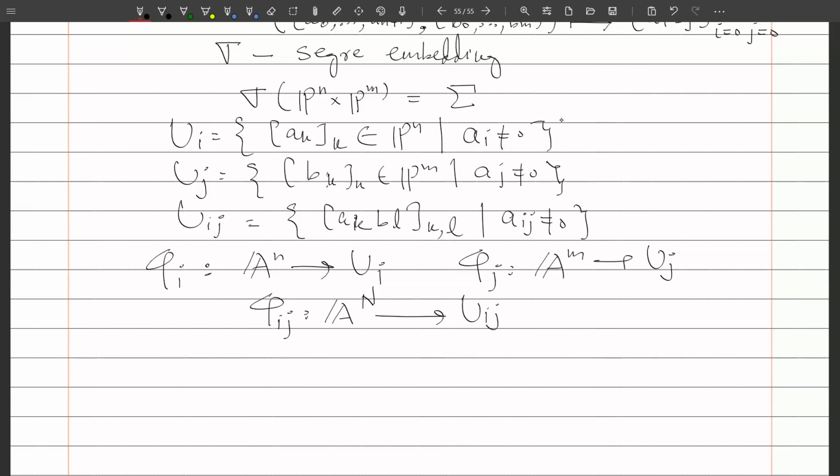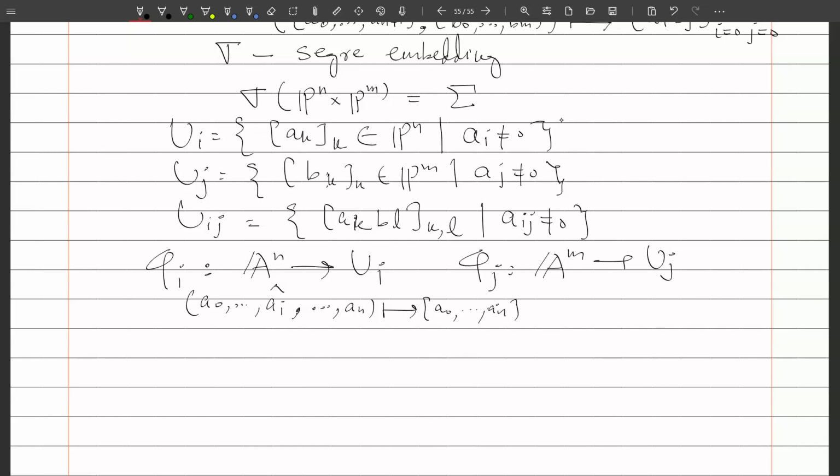So these maps are defined like this. First, this map takes the point in affine n space, which we denote by a0, so on, ai omitted, up to an, where the cap means that this term is omitted. It takes this point to the vector a0 up to an.